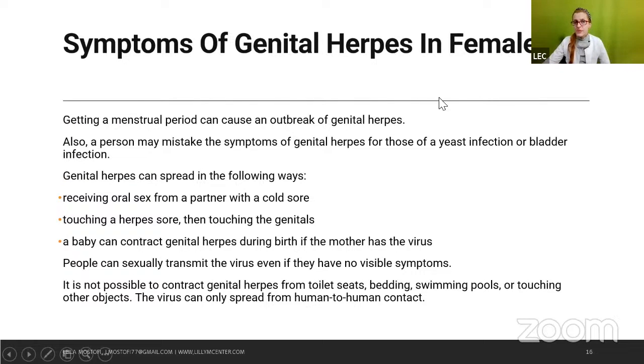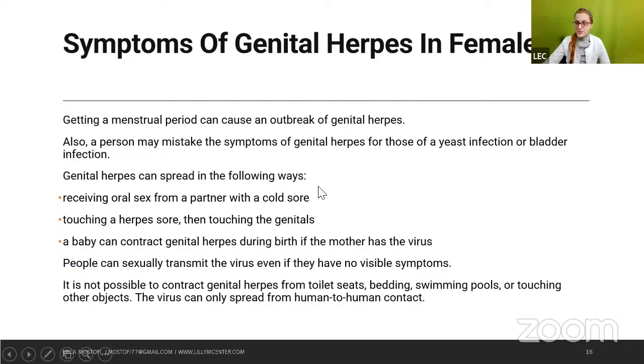Symptoms in females most often start with the menstrual cycle and cause an outbreak of genital herpes. Also, a person may mistake the symptoms of genital herpes for those of a yeast infection or bladder infection.